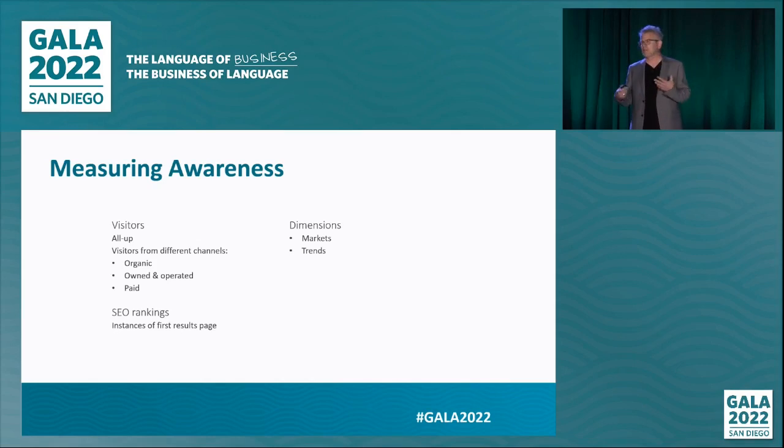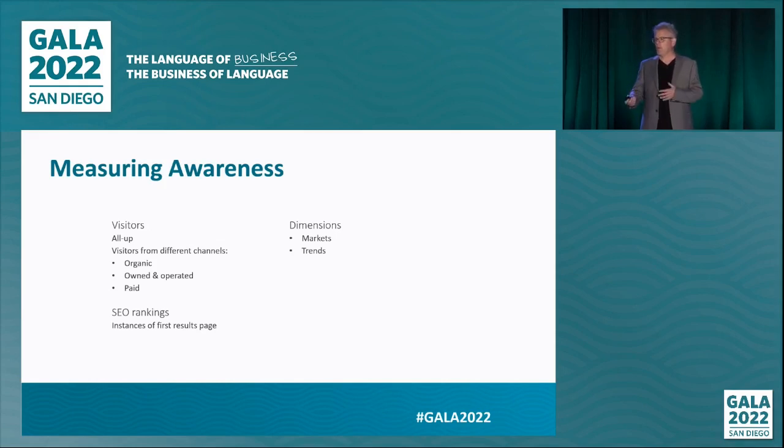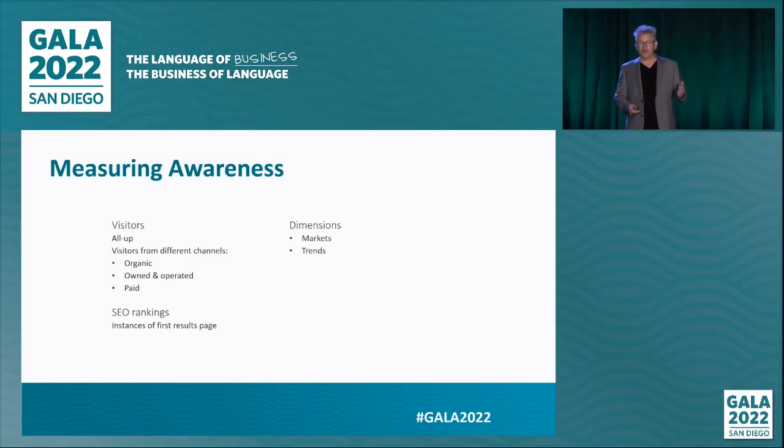So if somebody looks, I was just mentioning Microsoft Teams because I'm also working on those pages. If somebody looks for conference software, where does Microsoft Teams show up? Where does Zoom show up? And so on. So how do you look like in terms of rankings on the results listings? And so people often look at how many results for the different searches that people can take actually end up on the first page of the results.